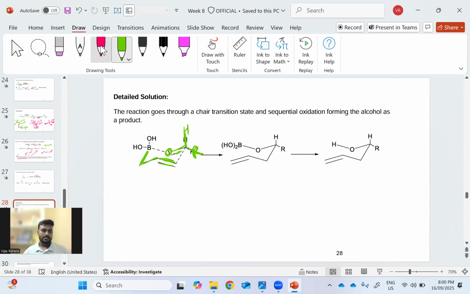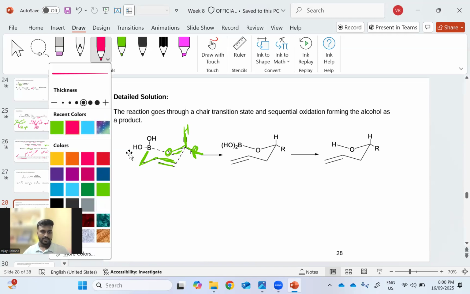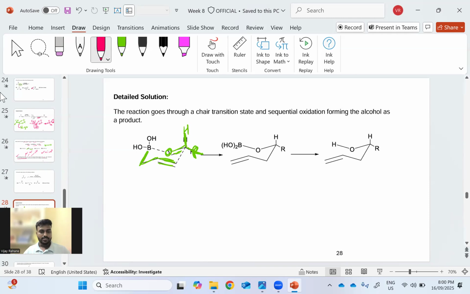So this is how the coordination takes place, the oxygen and boron, and further the alkene part with the carbonyl center. This bond shifts to here, so the oxygen atom attacks the boron.